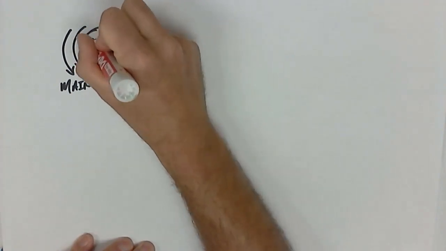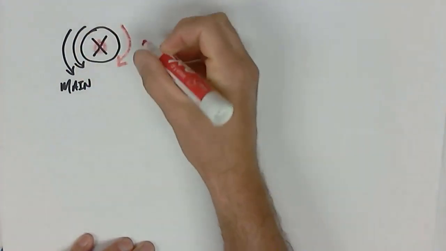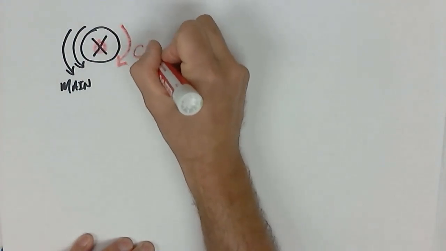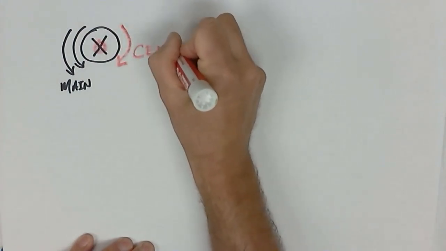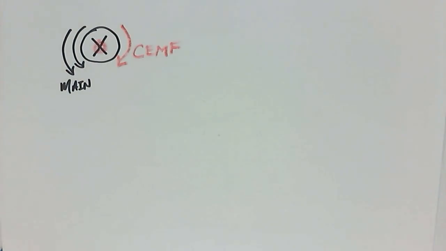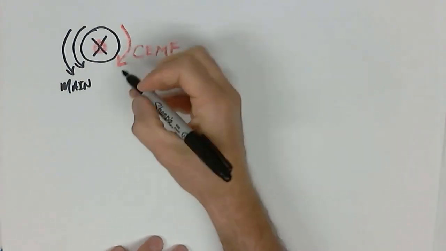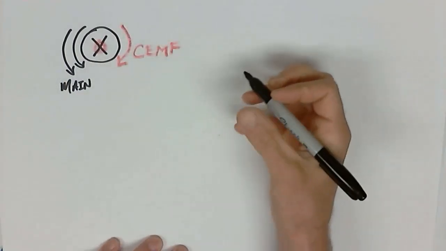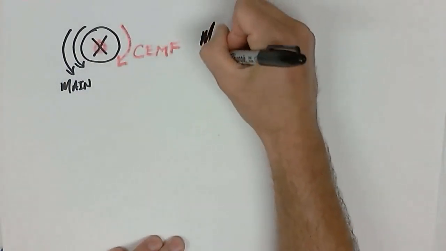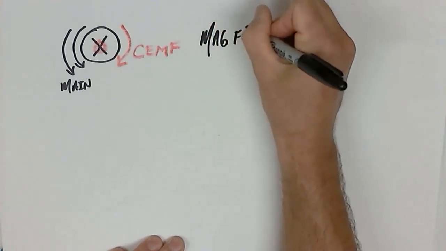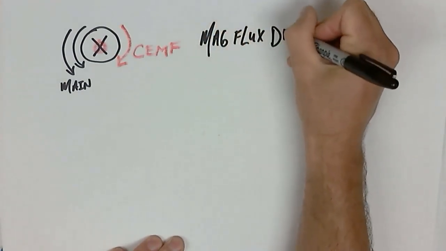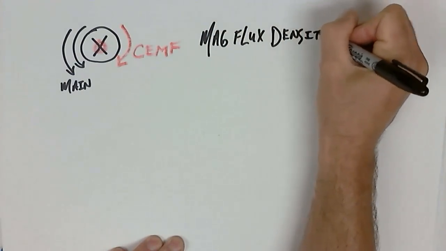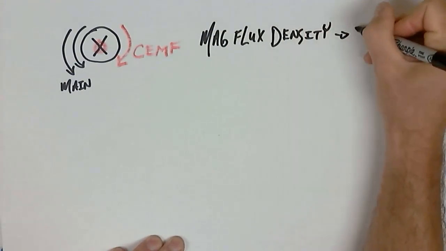And it will cause a current to flow in the opposite direction, counter EMF. And what we can then sort of look at this as is the magnetic flux density is really Webers, okay? So mag flux density is measured in Webers.